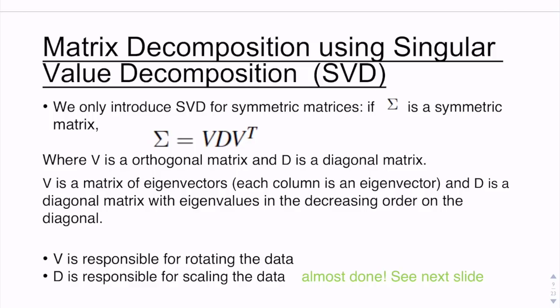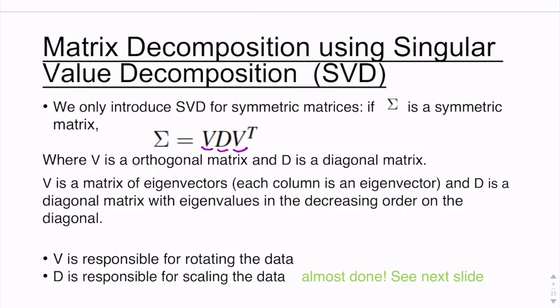That's one of the properties of a covariance matrix. So a covariance matrix or a symmetric matrix, using singular value decomposition, can be decomposed into a product of three matrices, namely V, D and V transpose, where the last matrix is the transpose of the first one.